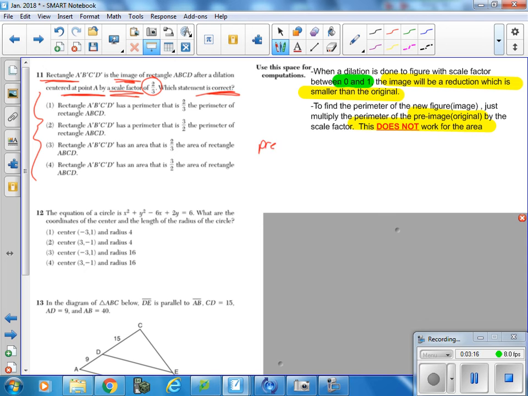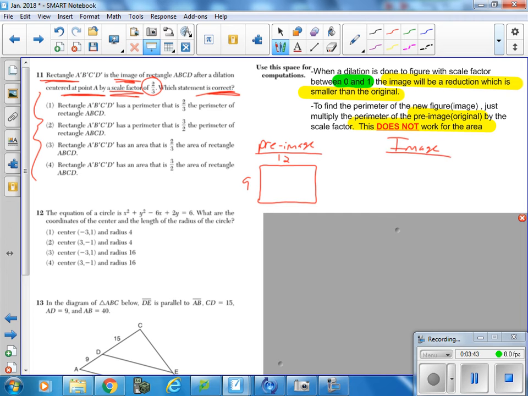Let's just say I have a rectangle with dimensions of 9 by 12. Then I want to dilate this by a scale factor of 2/3. It really doesn't matter in this case what the center is.